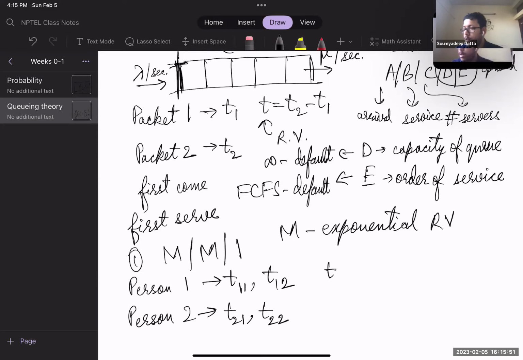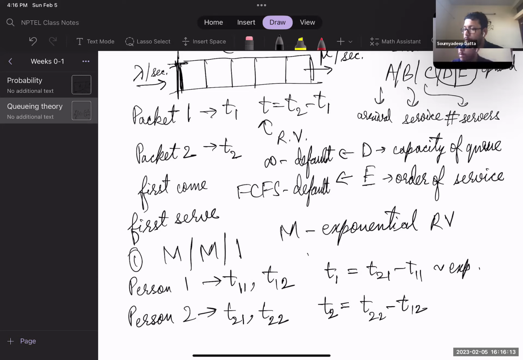So T1, which is the inter-arrival time, is t21 minus t11, and T2 is t22 minus t12.